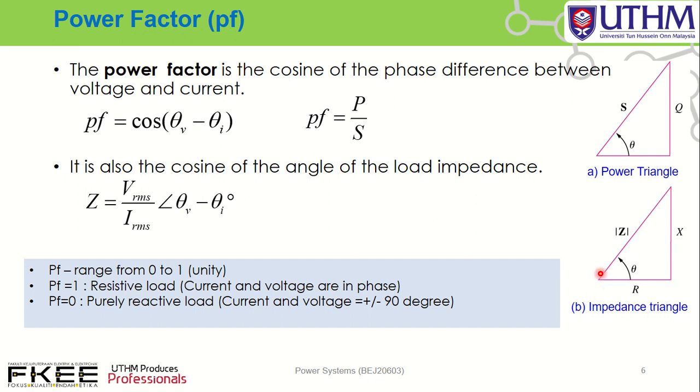This is the magnitude of the impedance, and this is the angle. So this cos theta is equal to the cos theta of the power triangle.